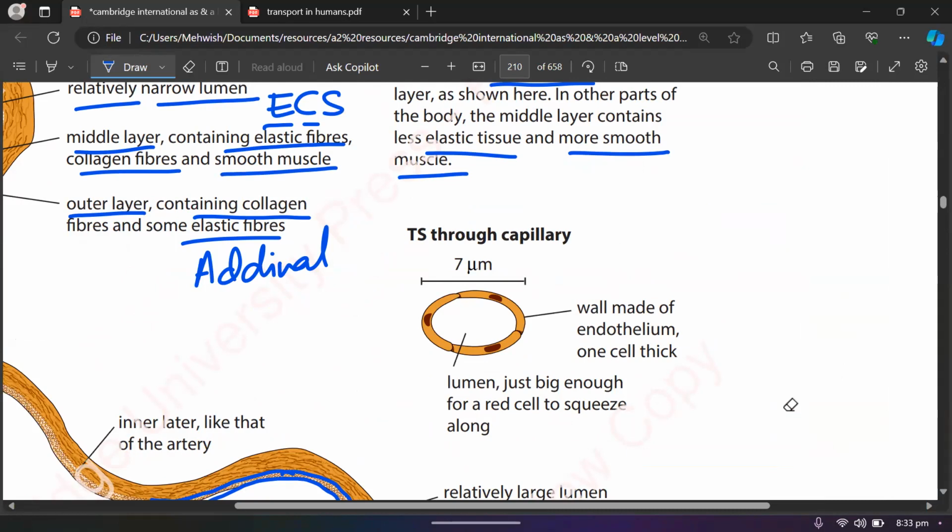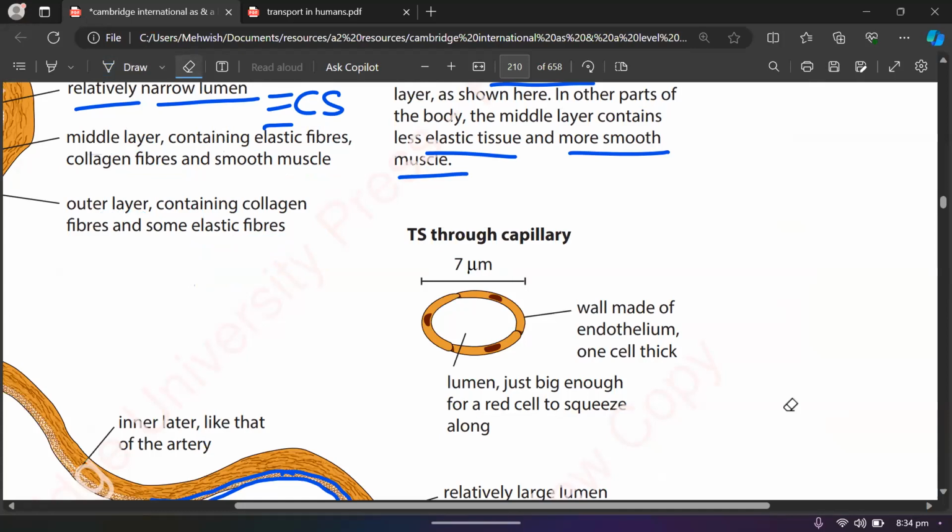So when a red blood cell passes through a capillary, it has to squeeze itself to pass through, otherwise it will not be able to. This is a capillary that is not drawn to the same scale. It is a magnified form of the capillary.